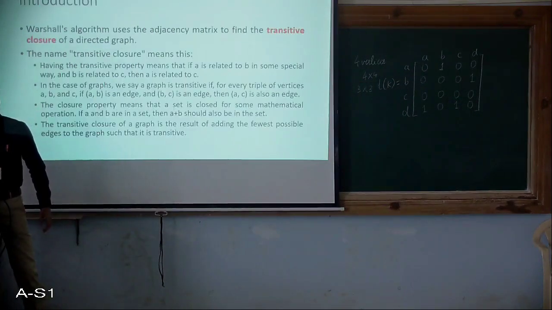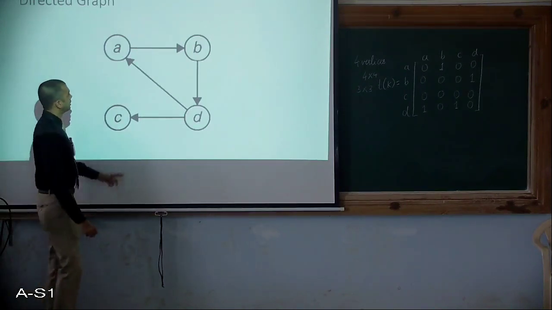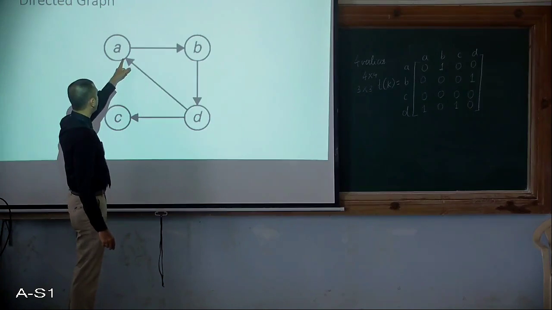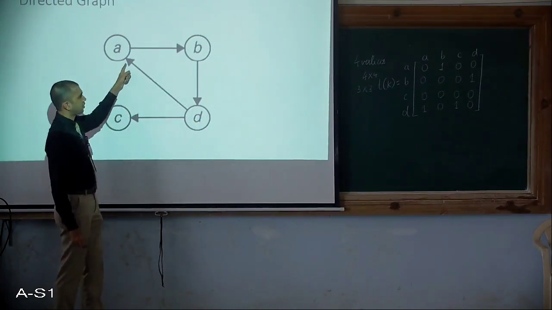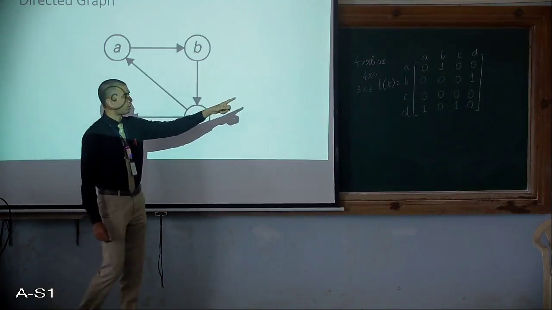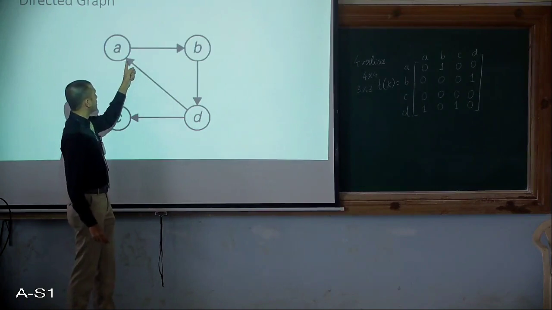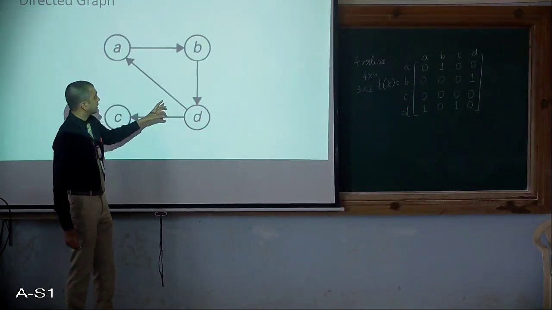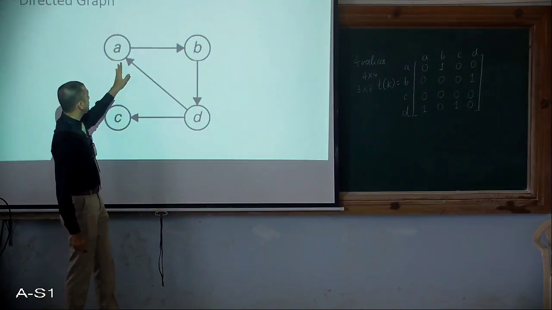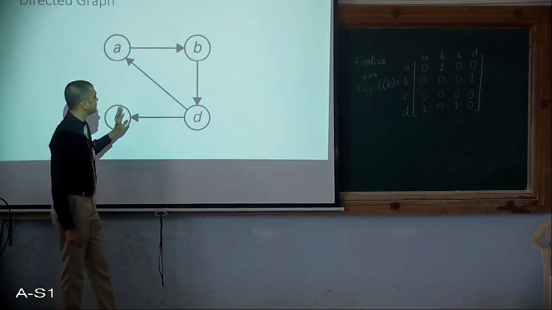In this particular graph, suppose I have to find a path from A to D. According to the adjacency matrix I have drawn, A to D is 0, which means there is no direct path from A to D. Now I have to consider whether I can have a path from A to D using any intermediate vertex.